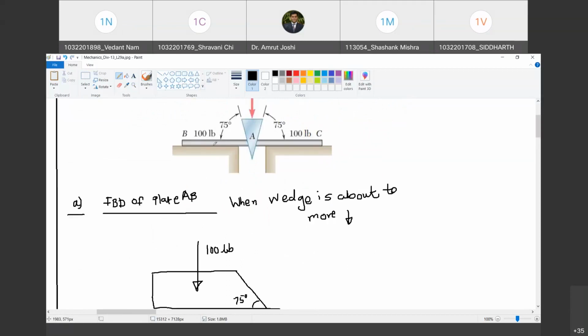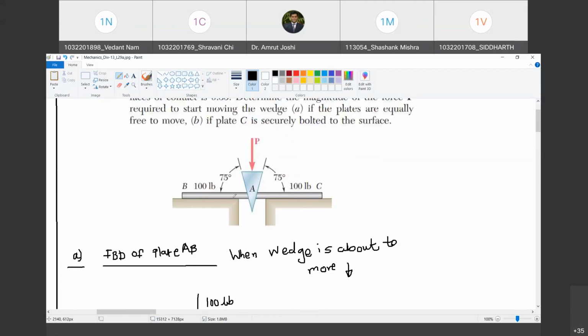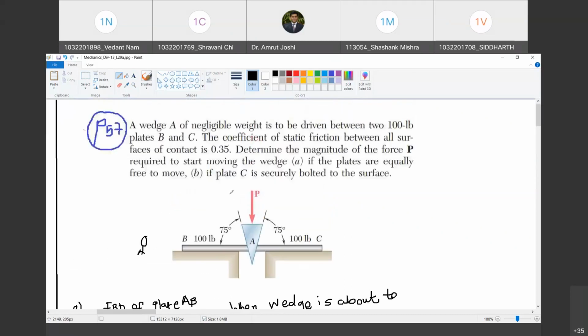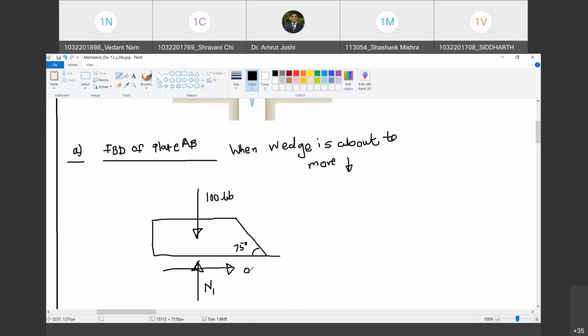Yes, sir. And as this plate is free to move along the ground, as you force down this wedge, this plate will move towards right. So I will station the observer on ground. With reference to ground, the plate is moving towards the observer. So therefore, frictional force offered by the ground on the plate will be away from the observer. Away from the observer means it is in this direction. Happy? Yes, sir. And this will be equal to how much? 0.35 times N1. Yes, sir.